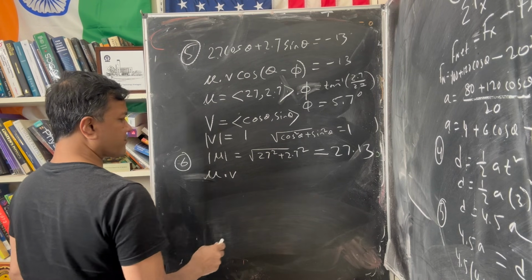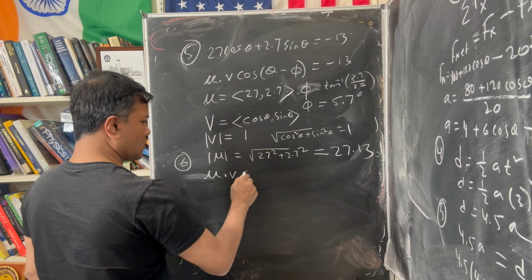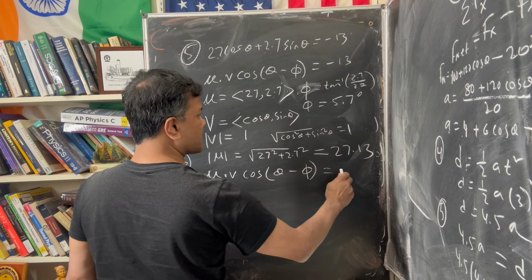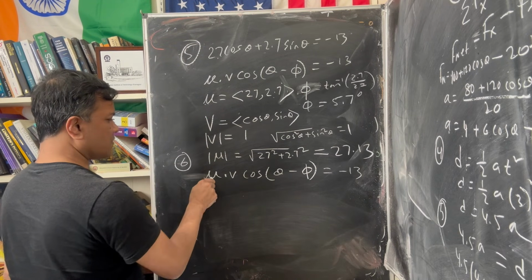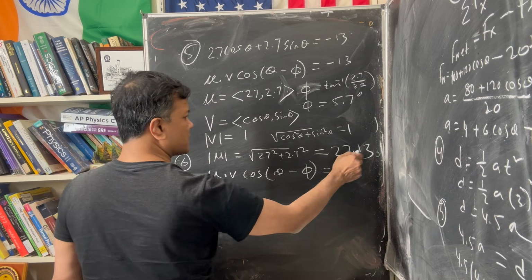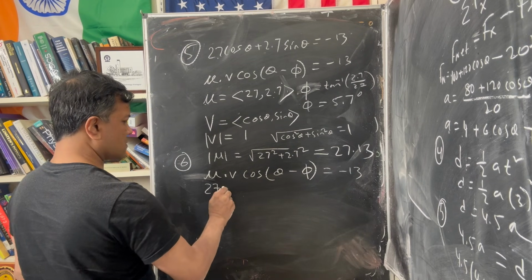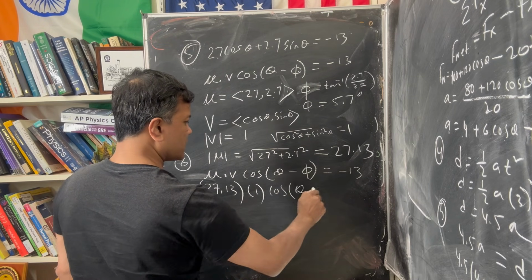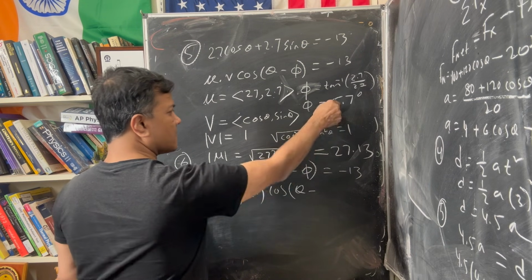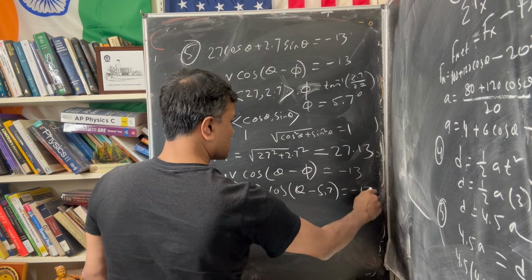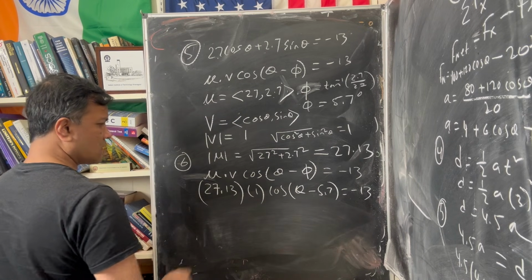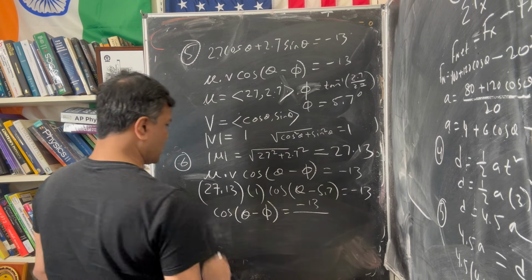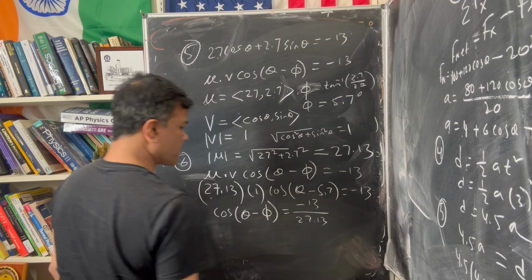U dot V, cosine of theta minus P, is equal to negative 13, right? So you're going to write U, we found it, 27.13. V, we found it, 1. Cosine of theta minus phi, 5.7, is equal to negative 13 divided by 27.13.